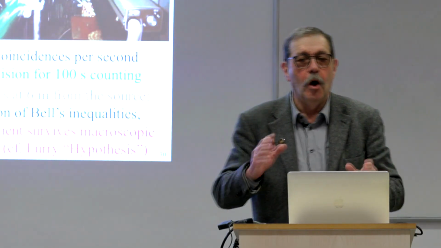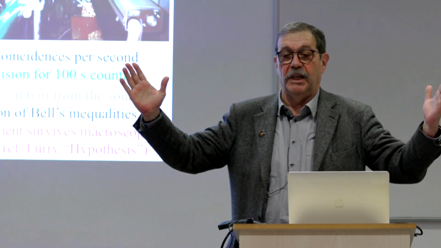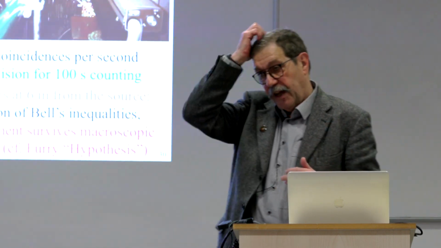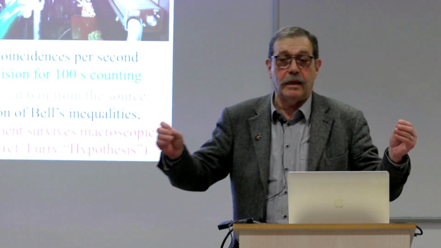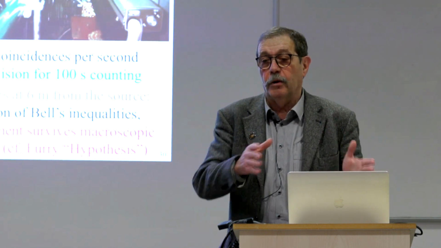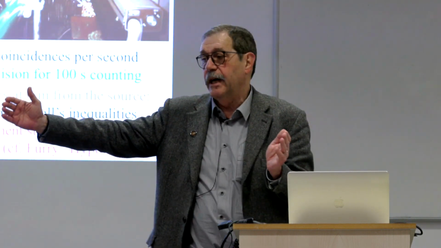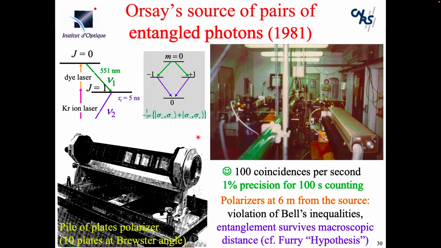So some people would say, okay, entanglement exists at microscopic distance, but not at macroscopic distance. And so you ask the question, what is the scale? And they scratch their heads and say, okay, the only available scale is the coherence length of the photon. And the coherence length of the photon was 1.5 meters. So I pulled the polarizers to 6 meters, and it was still violating Bell's inequality. But it was the only new part of that experiment, except for the better signal-to-noise ratio.